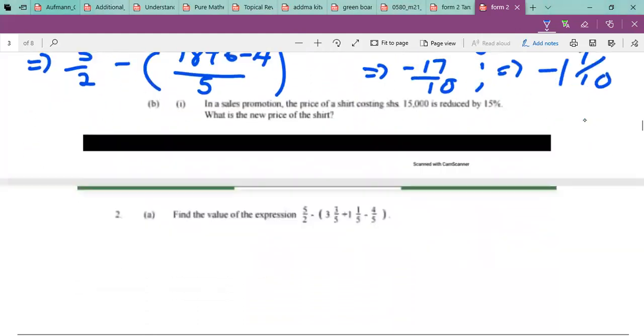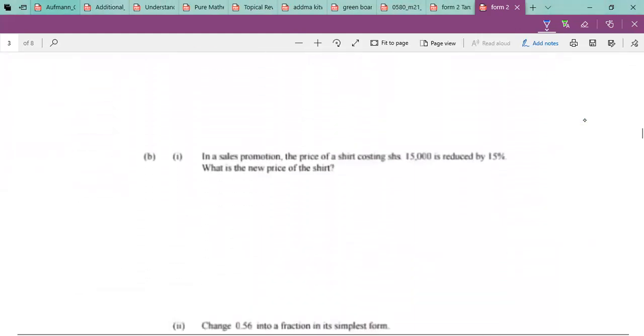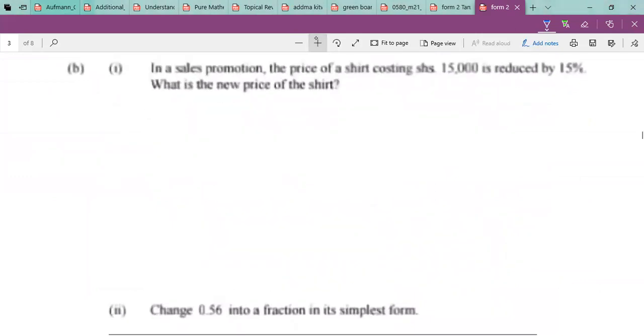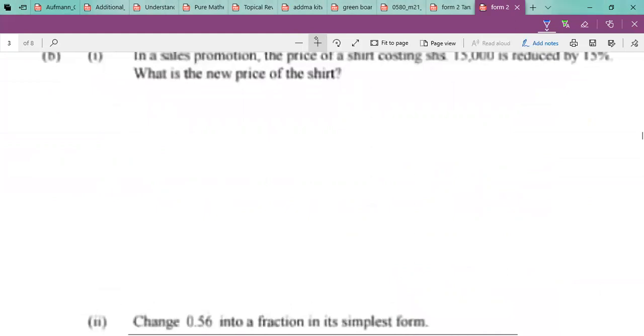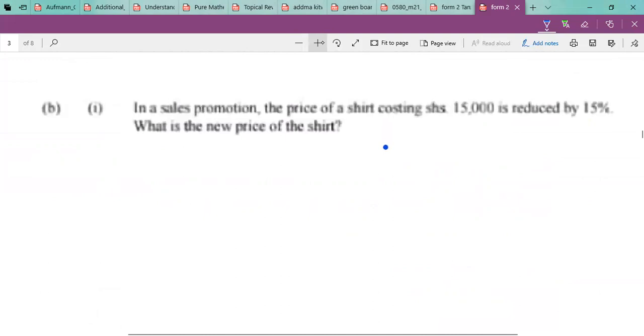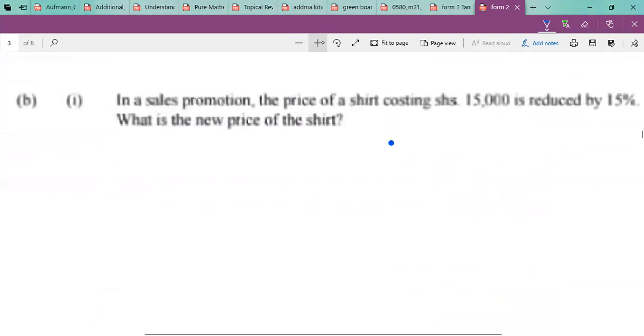All right, so we go to B. In a sales promotion, the price of a shirt costing 15 shillings is reduced by 15%.